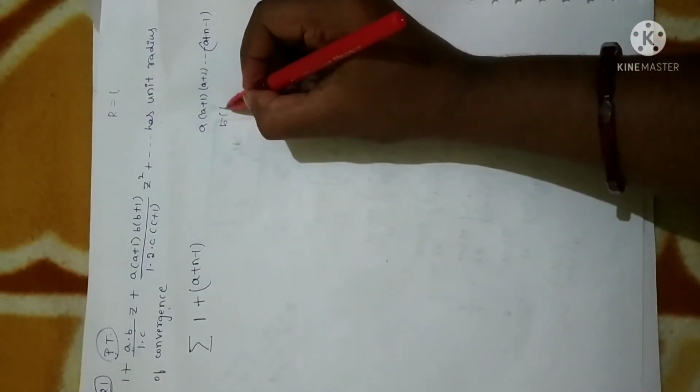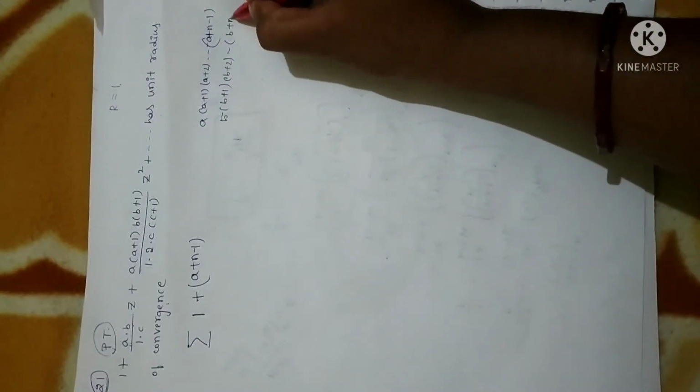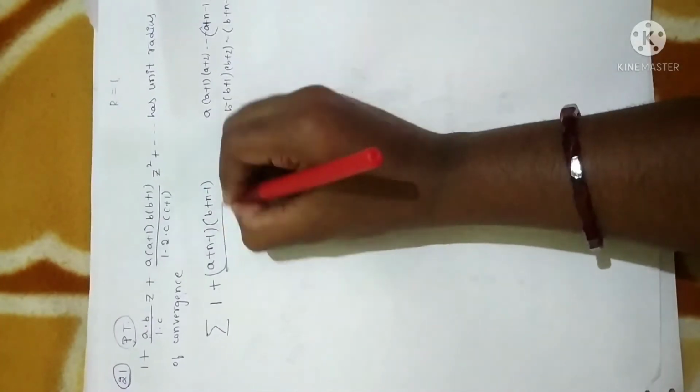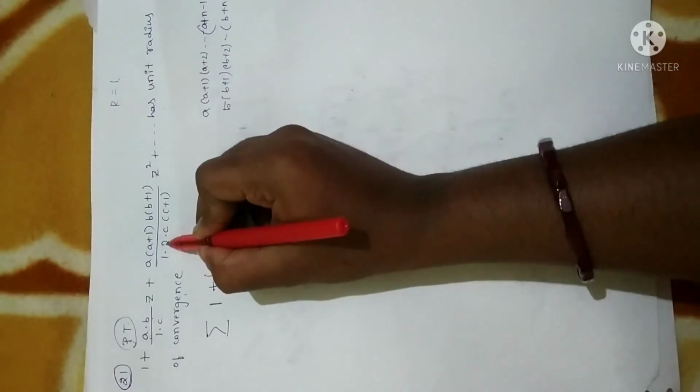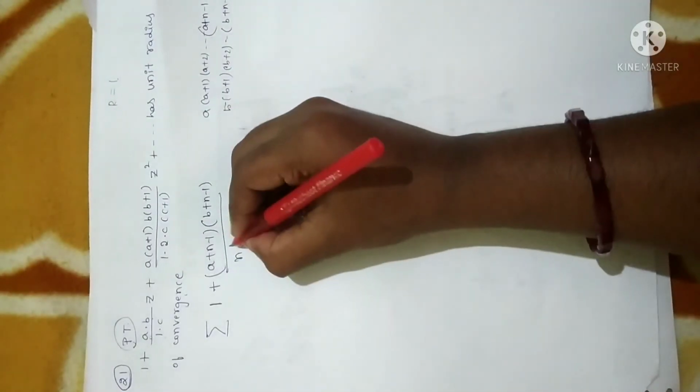Fine. In the second expression also the first term is b, the next term is b plus 1 continued with b, the next term will be b plus 2. So when you keep on continuing you will get b plus n minus 1. In the denominator also 1 is there, next continue with 2, next continue with 3. So when you keep on continuing you will get the nth term, that is n factorial.